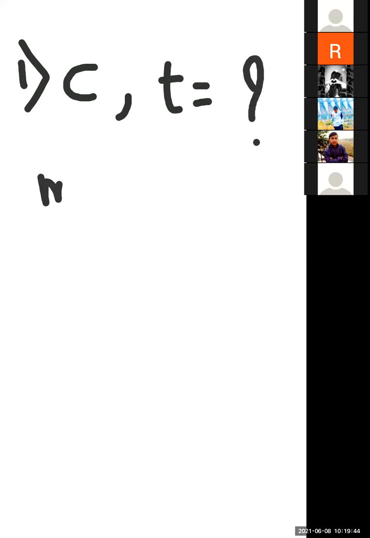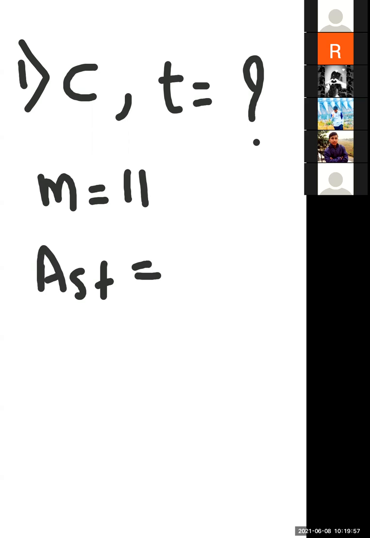Then there are two parts. First is to find out stress developed in steel and concrete, means C and T we have to find out, if modular ratio M is 11 and area of steel is given, which is 4 bars of 25 mm diameter, means AST.